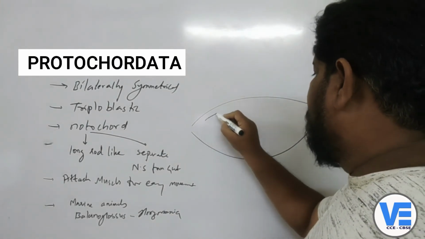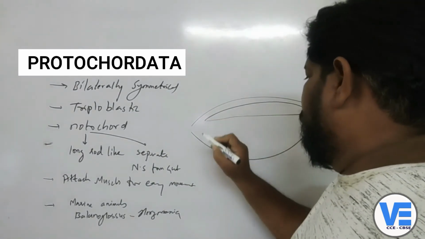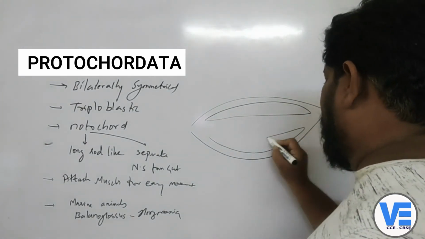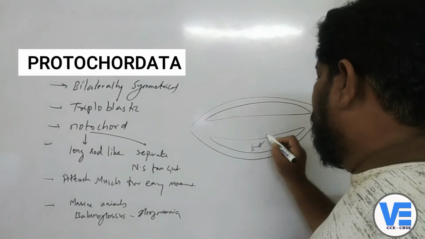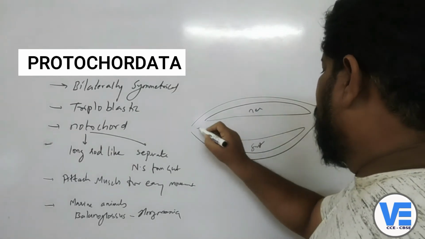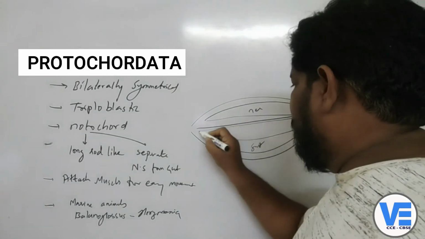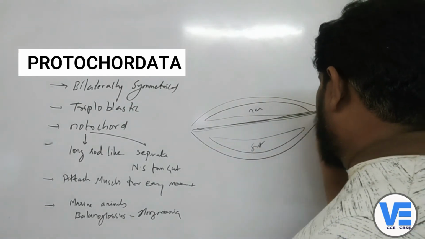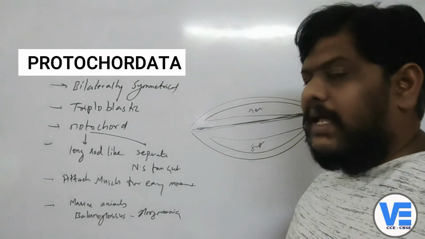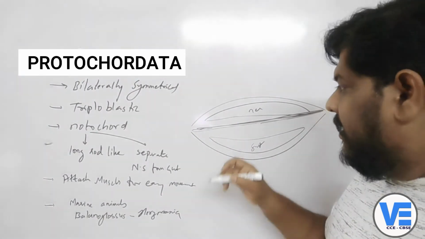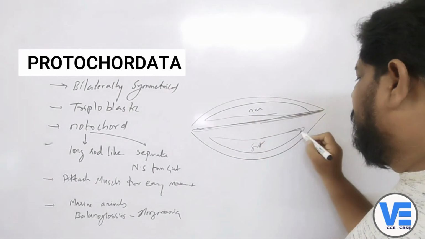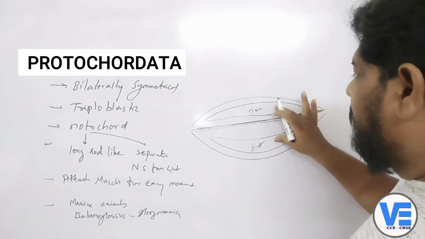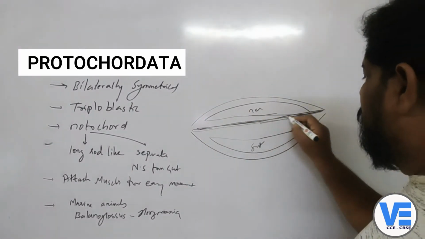Just assume that this is the nervous system, this is the gut, and the notochord is present in between them, which is a long rod-like structure which separates the nervous system from the gut.